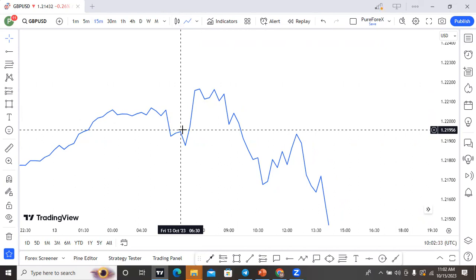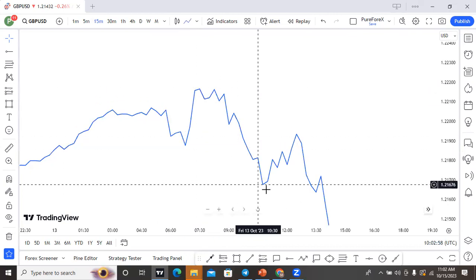So you need to sharpen your eyes to be able to see the high, the low, the higher high, and the lower low, depending on whichever direction the market is going. In this case, this is a Quasimodo for sell. And we have the high here, the low, the higher high, and the lower low.